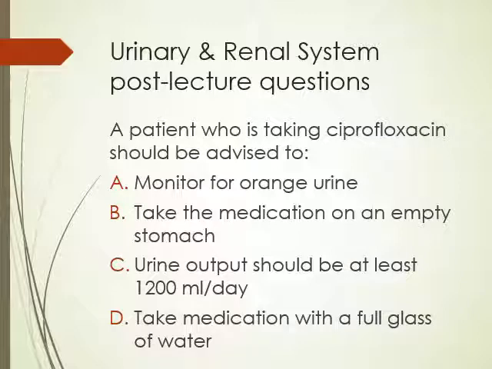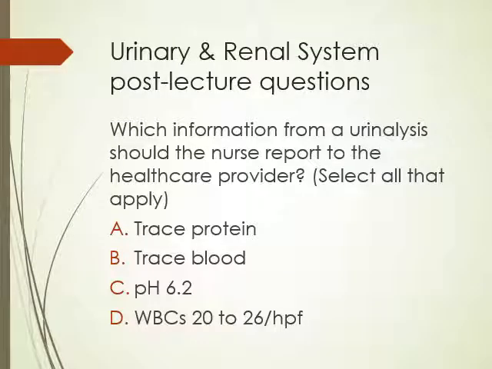Looking at ciprofloxacin, what should the patient be advised to do, or what should they have? And the answer is C. The urine output should be at least 1,200 mLs per day. Which information from this urinalysis should be reported to the healthcare provider right away?